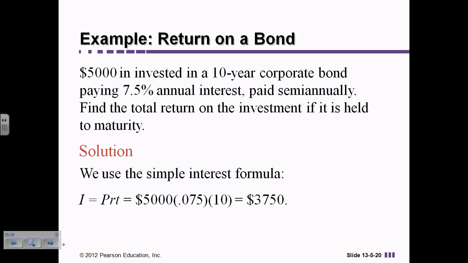So basically, we're just going to do our simple principal times rate times time formula, where the time is 10 years, the rate is 7.5%, and the amount invested is $5,000. And so using that, we find out that the amount of interest is $3,750. So that's the total amount of return. That's the total amount that we're going to get back.